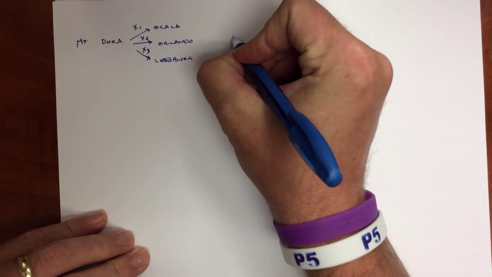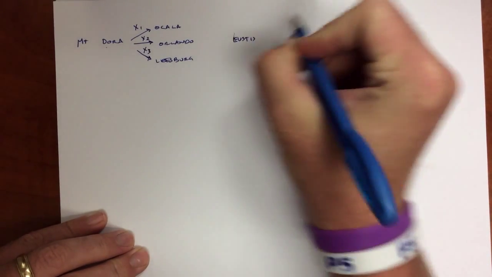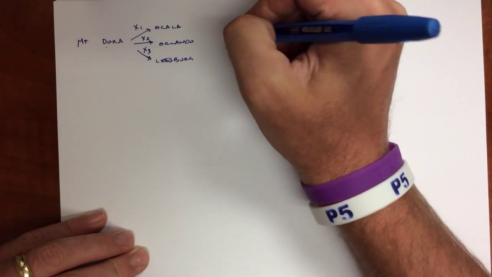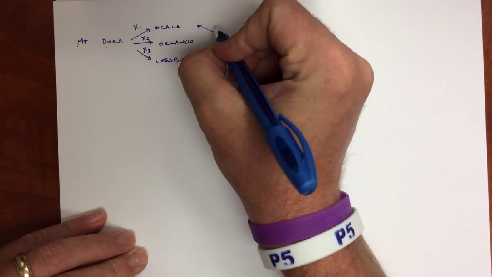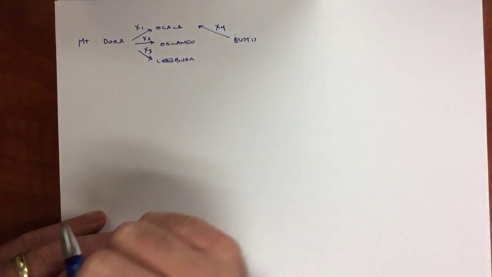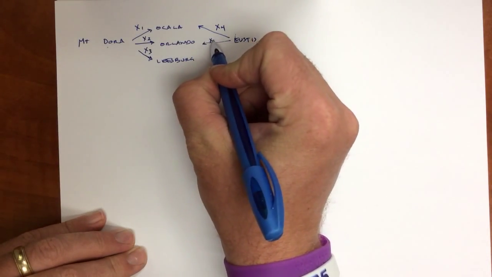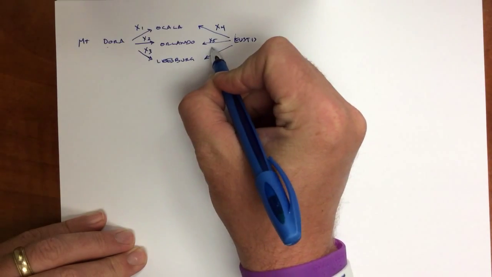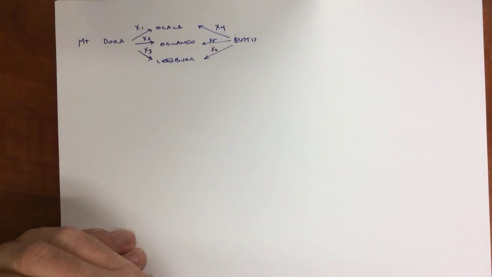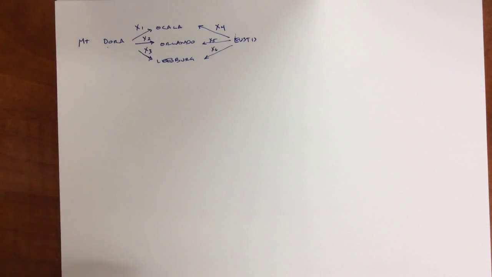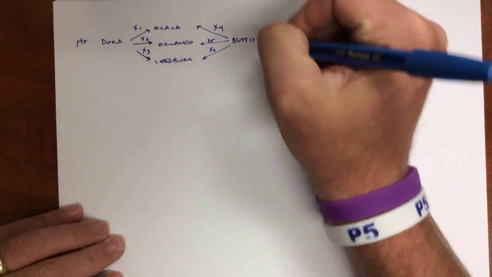Well, we also have bushels in Eustis, and we can ship them to the same 3 locations. So we'll call this X4, the number of bushels shipping from Eustis to Ocala, this X5, and this X6. Now we have the last one where we are getting stuff from Claremont.